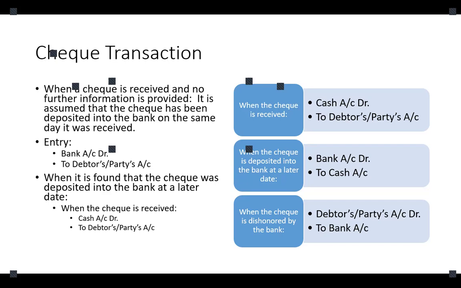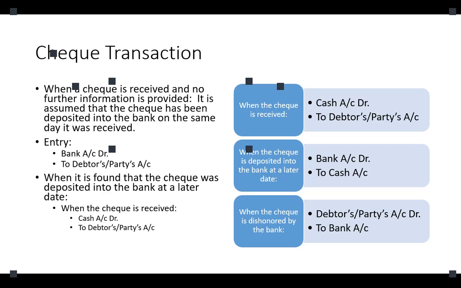But when it is found that the check was deposited into the bank at a later date, you will observe that you have received a check from Mr. X and you received the check today, and after 2 days you are supposed to deposit the same check in the bank. So in that case, when the check is received, what will we do?